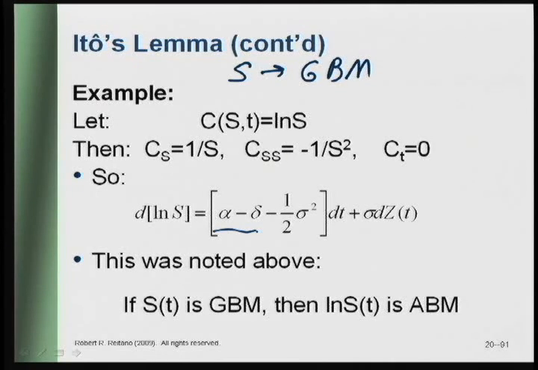So Ito's lemma provides a very clear and succinct derivation as to why, if S satisfies geometric Brownian motion, log of S satisfies arithmetic Brownian motion with an adjusted drift term. And the adjustment in the drift term is exactly negative a half sigma squared.